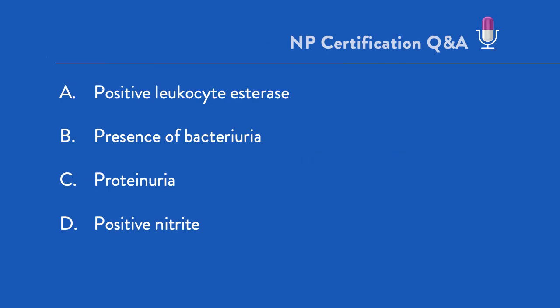A, positive leukocyte esterase. This is incorrect. Measuring leukocyte esterase notes the number of WBCs, particularly neutrophils, in the urine. While this is a very common finding in UTIs, in fact, virtually a universal finding in UTI, a number of other reasons result in pyuria, defined as the presence of WBCs in the urine.